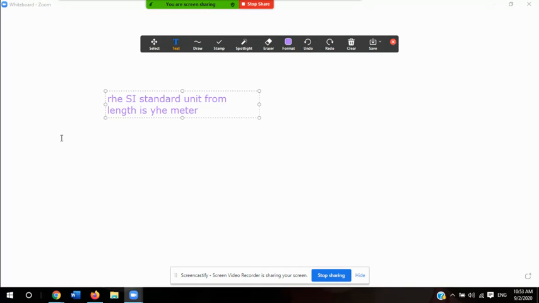To give you an idea, a meter is about the width of a doorway. So if you're at home, the width of a doorway is probably about a meter.